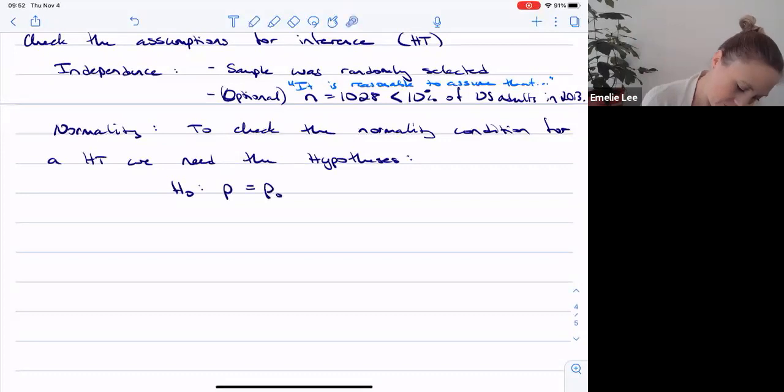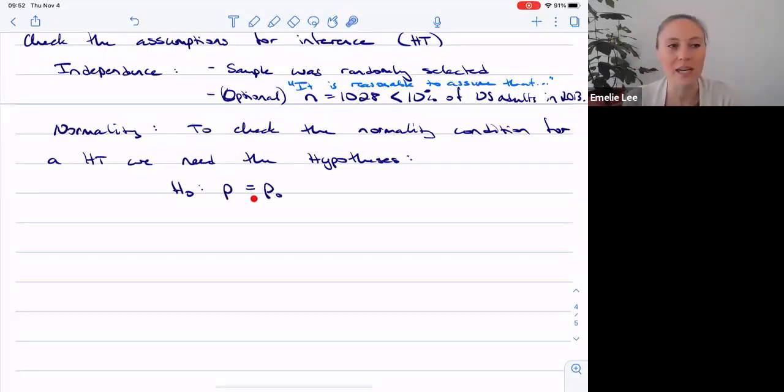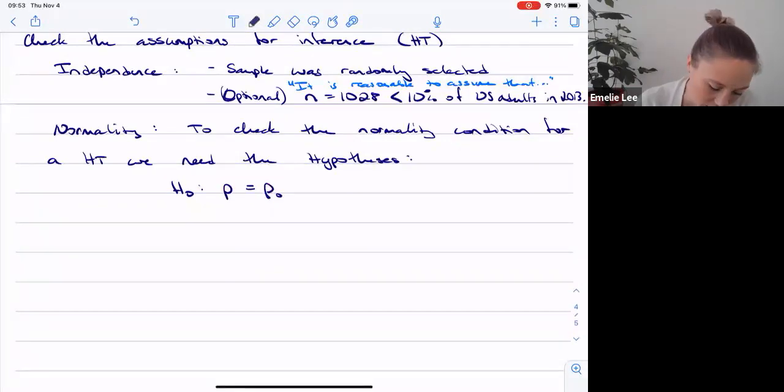So one thing to remember is that you're always going to have an equal sign in your null hypothesis, right? And so it has to be about the parameter P. And in this case, P naught is going to be 0.5, right? So if there's no change, no difference from just half do and half don't, right?